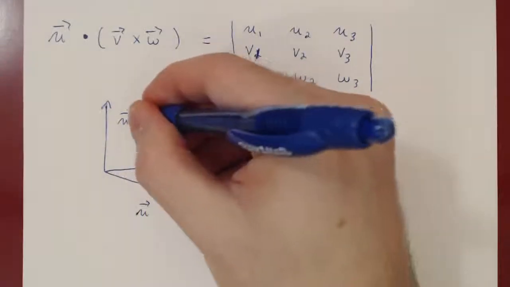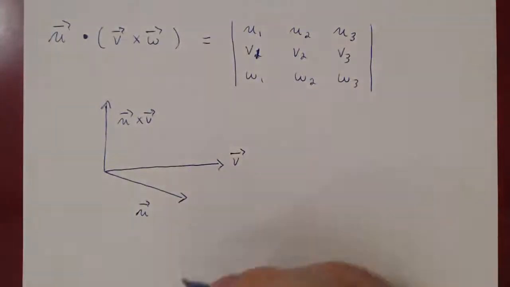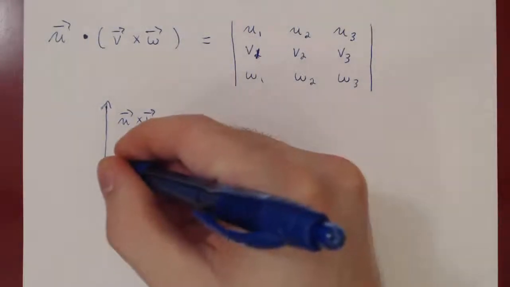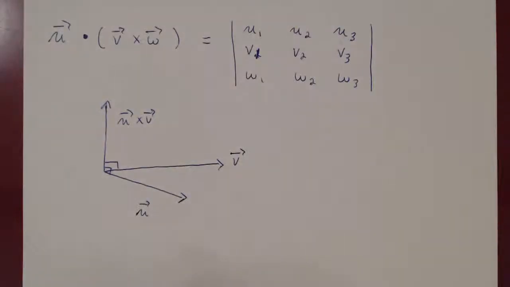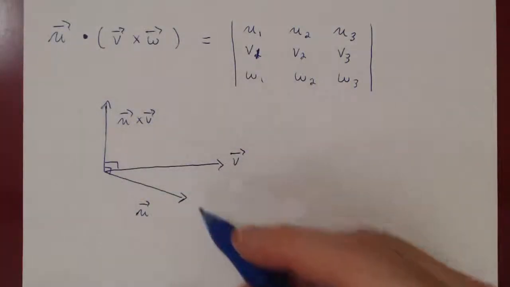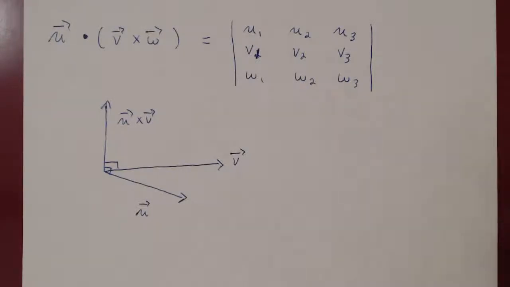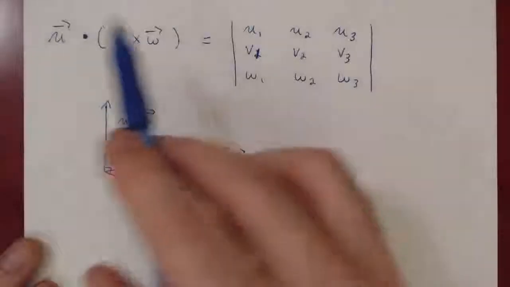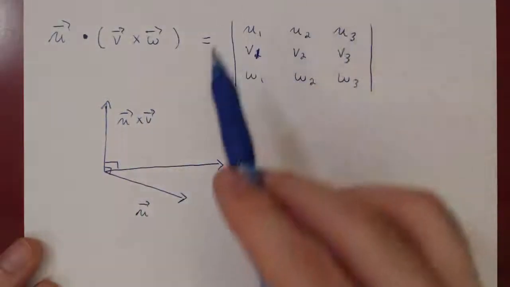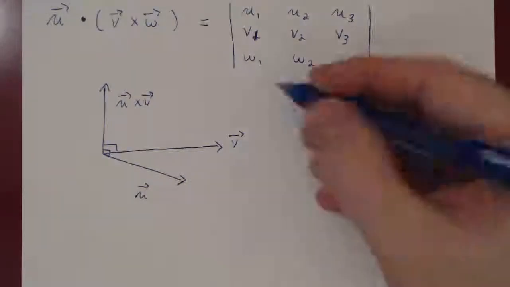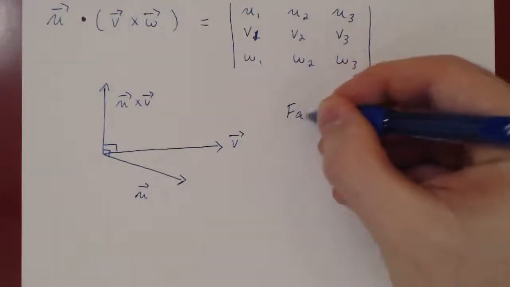So when you cross two vectors together, the third vector you obtain is perpendicular to the first vector u, and simultaneously the second vector v. And this will really be useful, as we'll see in later problems. How do we prove this? Well, we'll prove this using the scalar triple product being equal to the determinant of this matrix. So here's now the fact that we've just stated.